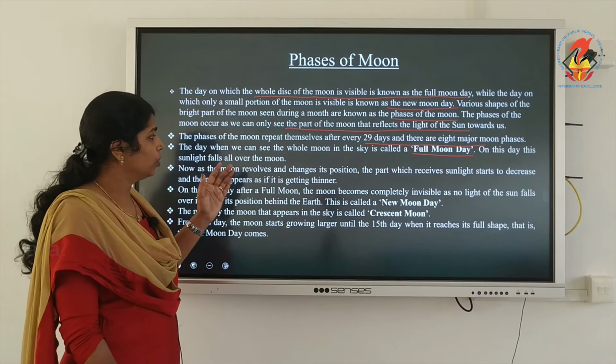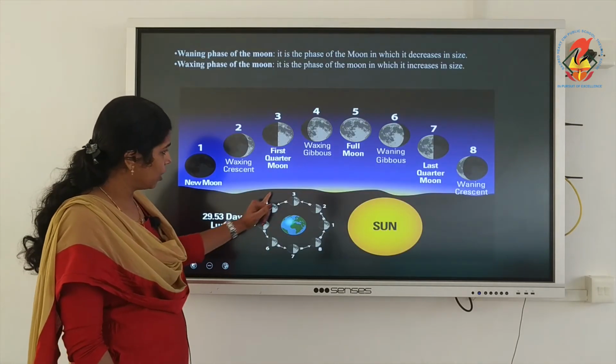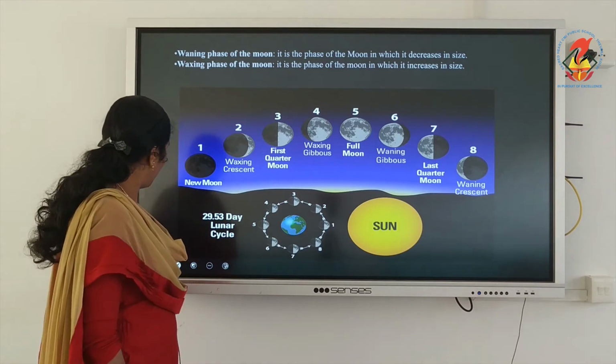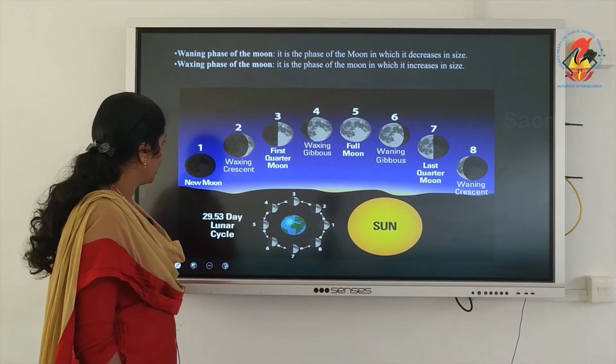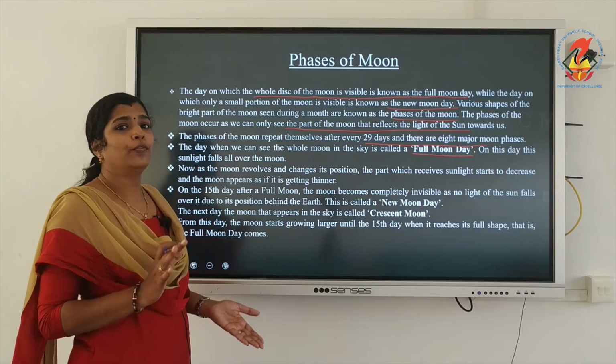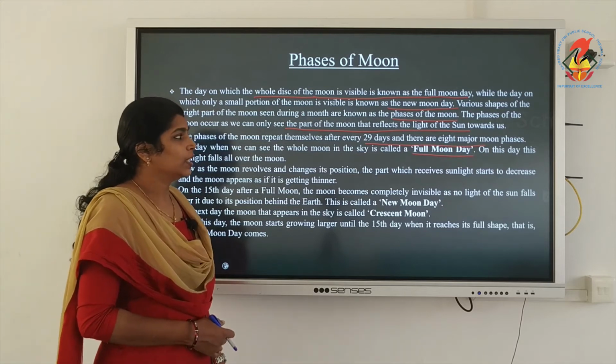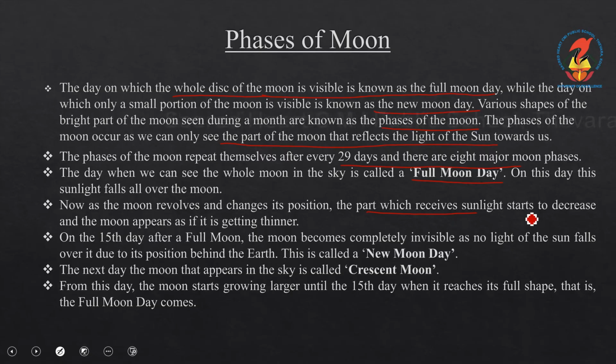As the moon revolves around the earth, its position also changes, and the part which receives sunlight decreases.